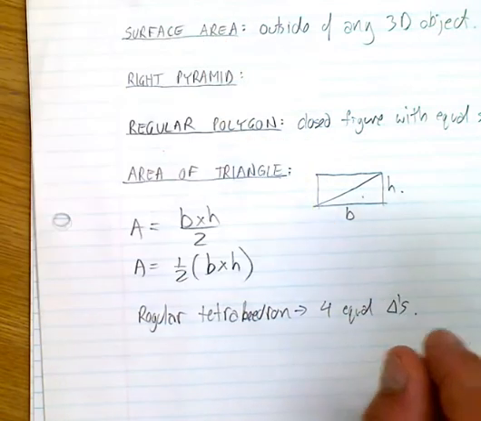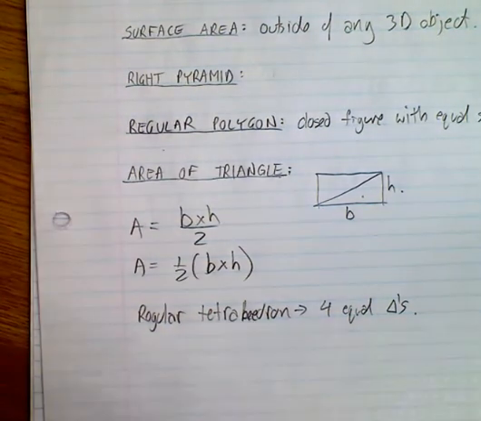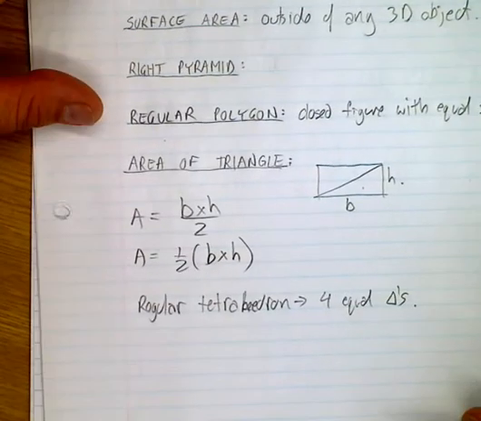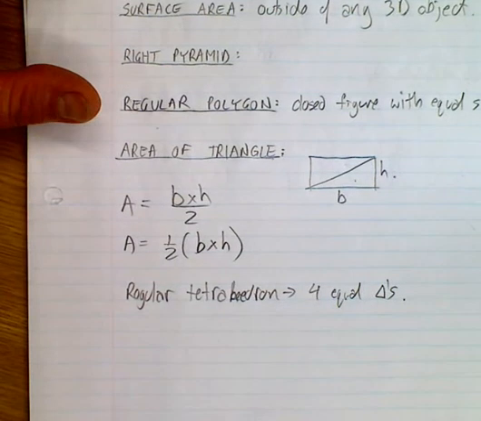So what we're looking at is how to find the surface area of these regular pyramids, or of these right pyramids and right cones, okay? And what we need to look at is a couple different things here.